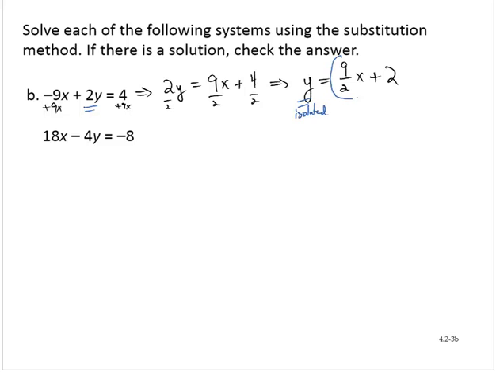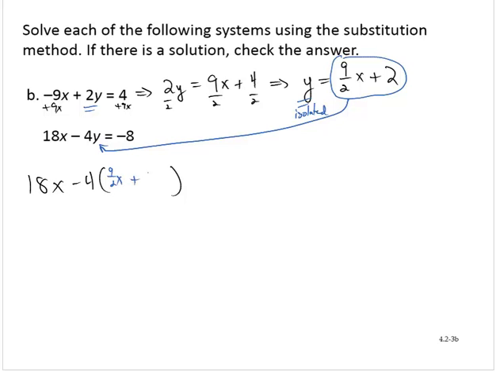So now I have the y variable isolated, and I'll take that 9/2 x plus 2 and use it to replace the y in the other equation, yielding 18x minus 4 times the quantity 9/2 x plus 2 is equal to negative 8.